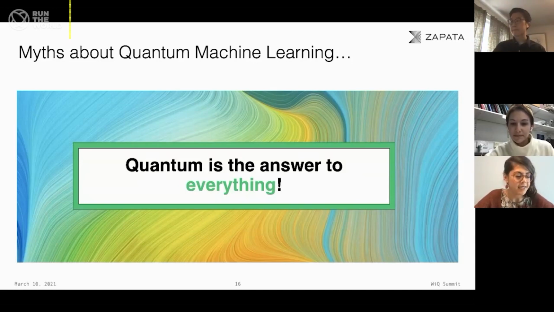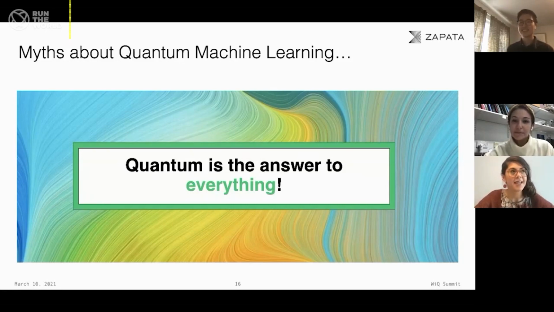Therefore, oftentimes a company comes up with a list of hard tasks, meaning time-consuming or expensive tasks that they want to speed up, and they just expect quantum to be that magic element that you add to the solution of the task, and that solves everything better.